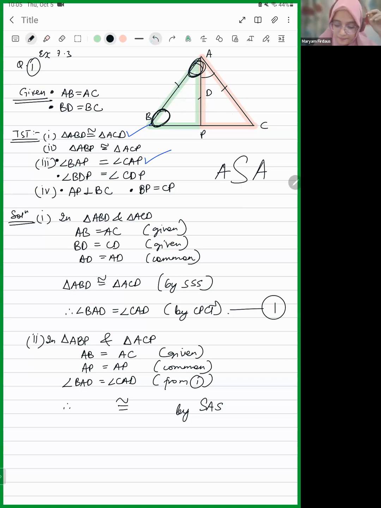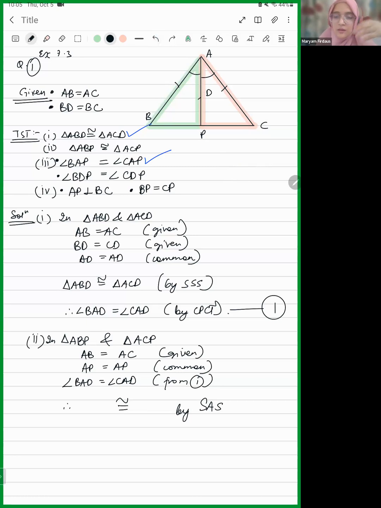Similarly, for SAS, this is a side, and then this is a side. And the angle is between the two sides. This is SAS. Did you get it? Yes, ma'am, got it.